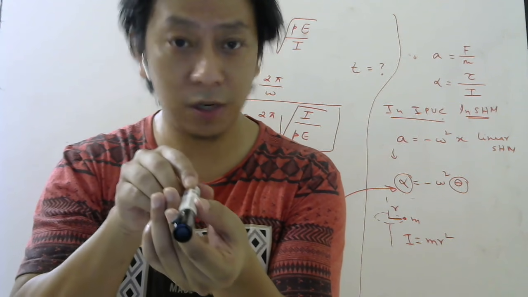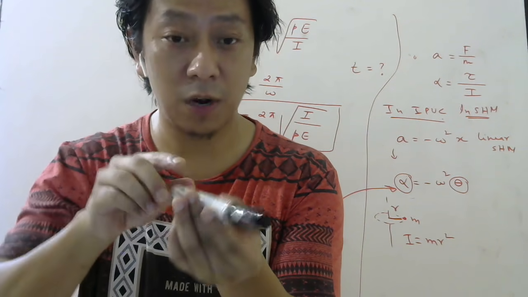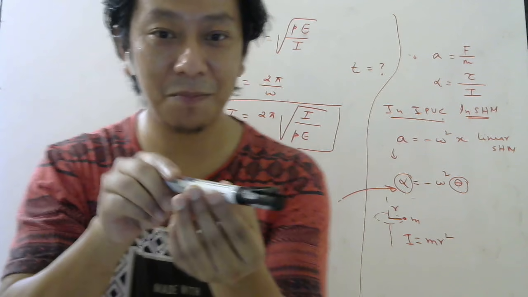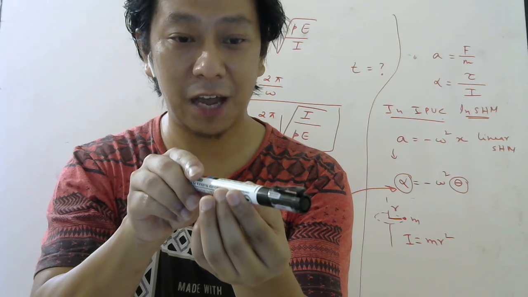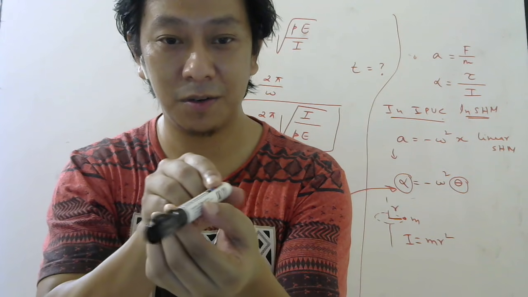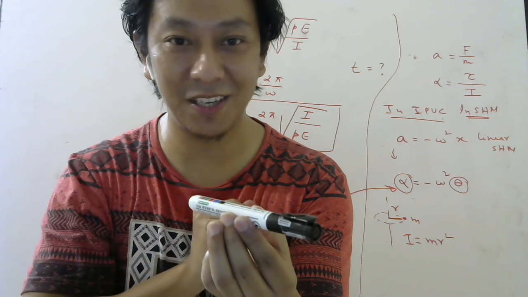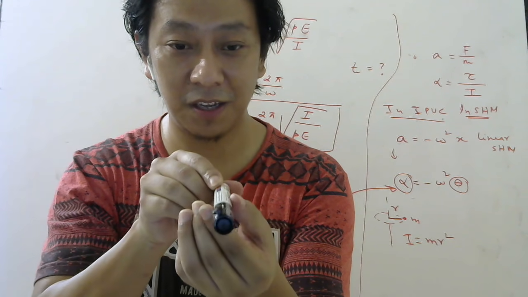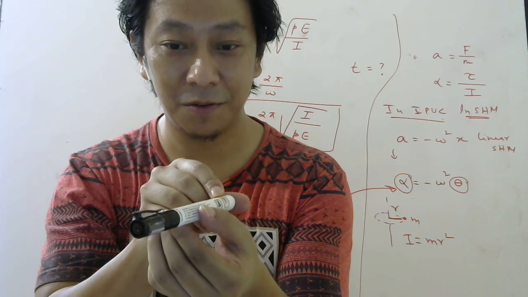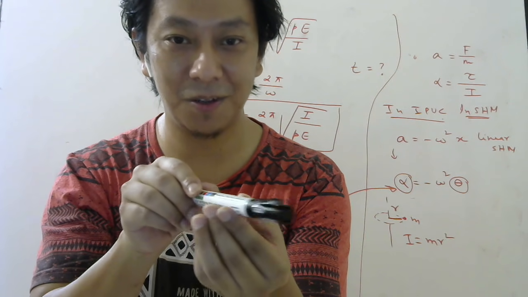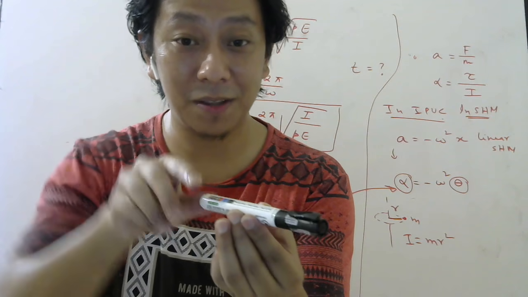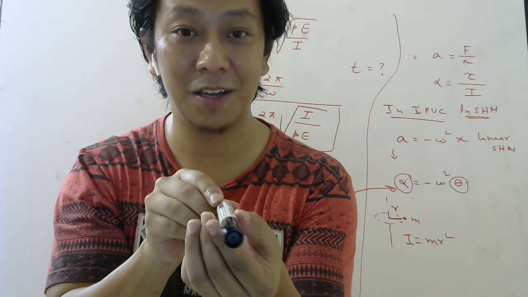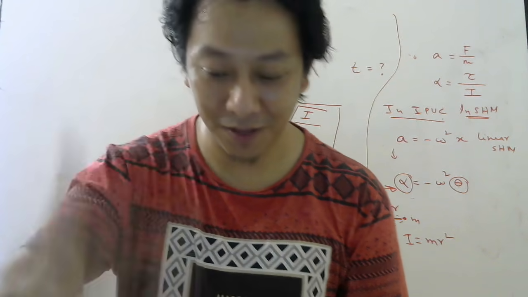Why it comes here you understood, because of the torque. Now what I calculated is the time period. Time period means if you start from here, the time taken to go from here to here and back is one complete oscillation. But they want from here to here only, so they want 1/4 of the time period.